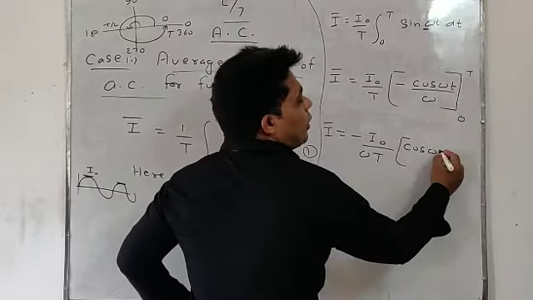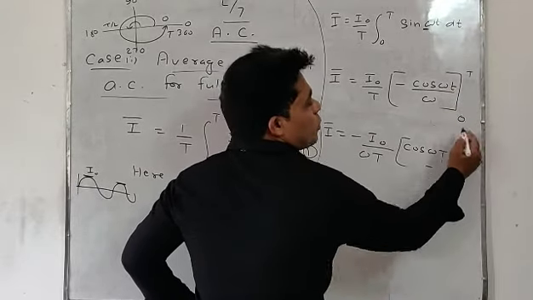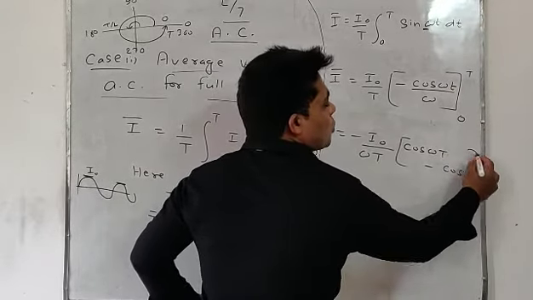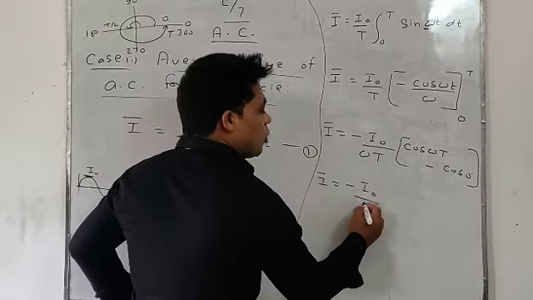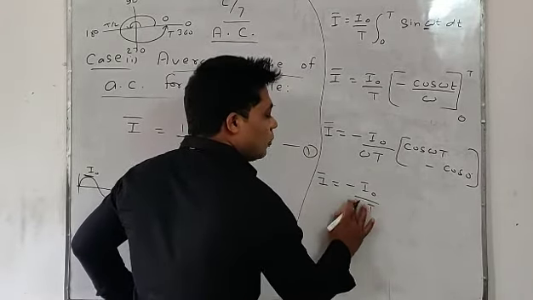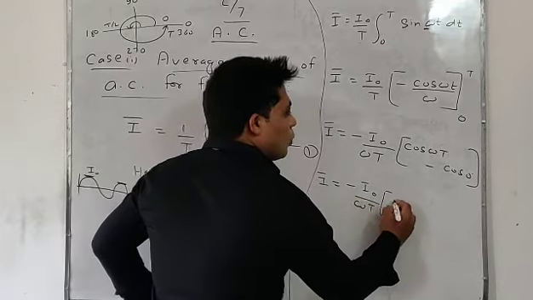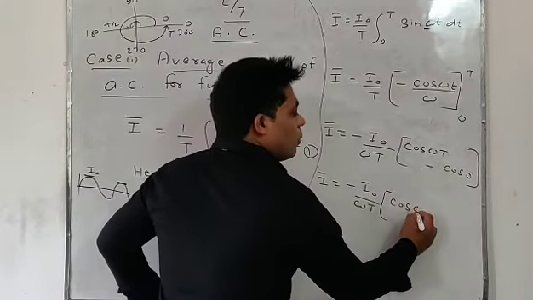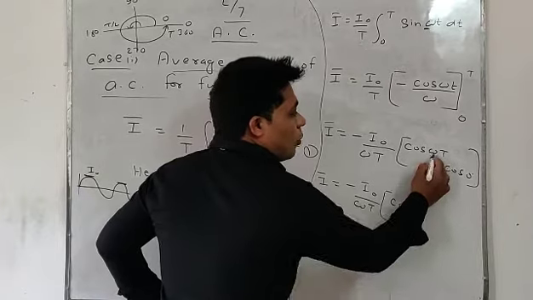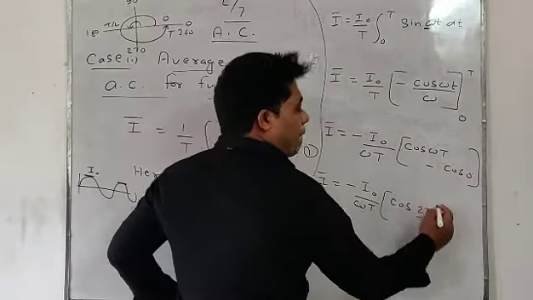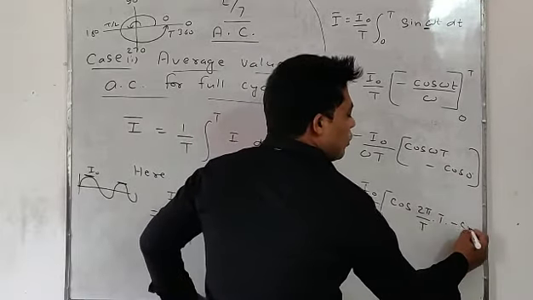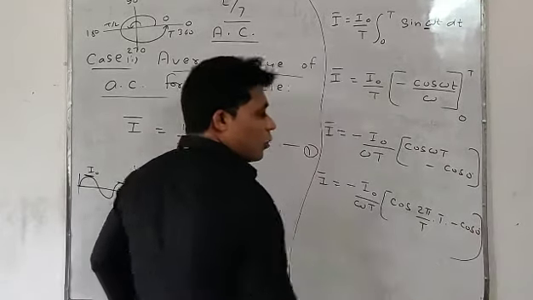Instead of t, we put the upper limit capital T, then instead of t we put 0. It becomes cos 0. Now, students, minus I naught by omega T, cos omega T, where we can write omega as 2 pi by T, the angular speed, and that is T, minus cos 0.